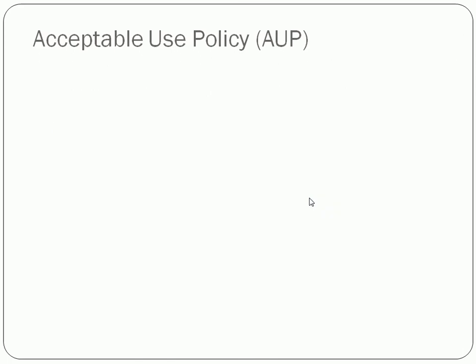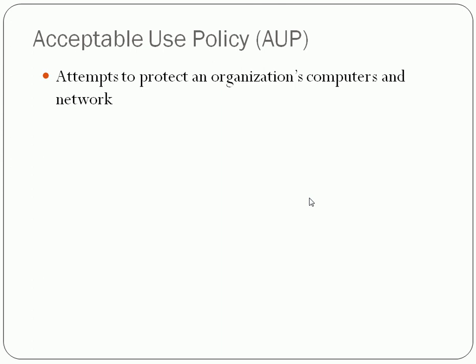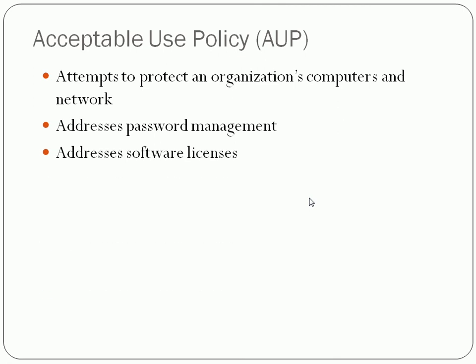Next, we have an acceptable use policy. An acceptable use policy attempts to protect an organization's computers and network. It addresses password management, so it tells users what types of passwords they need. It can handle software licensing and intellectual property, so what types of IP they can take out of the organization and what's expected of them.